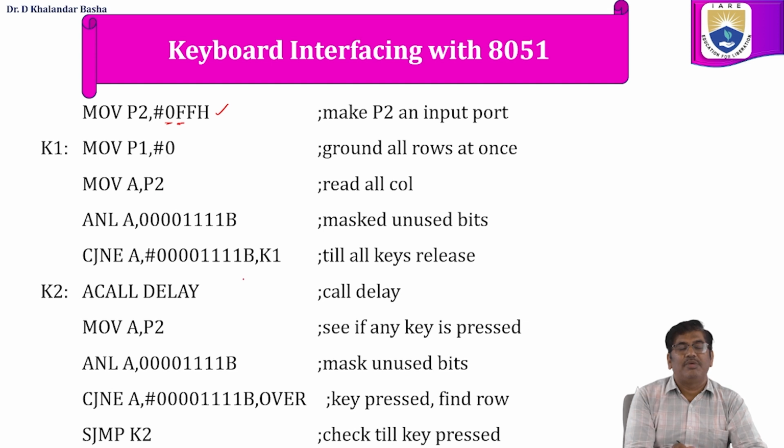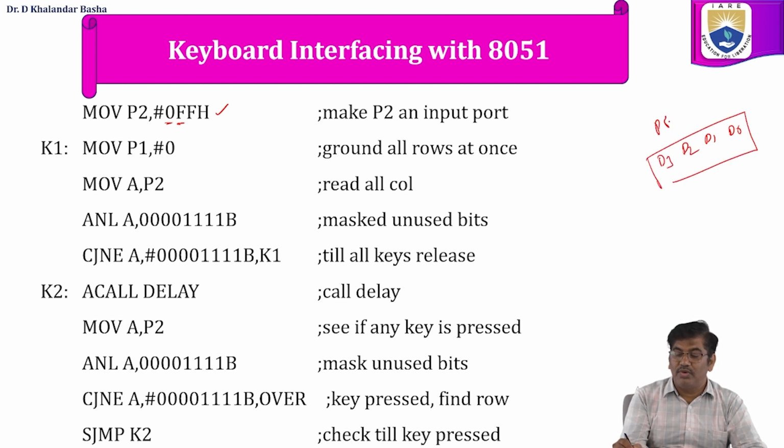Next, MOV A, P2. This is for reading the columns, so port 2 values are read into the accumulator. As the columns are connected to the D0, D1, D2, D3 bits of port 2, we want to check whether these bits are ones or zeros. If all these bits are 1111, it indicates no key was pressed.